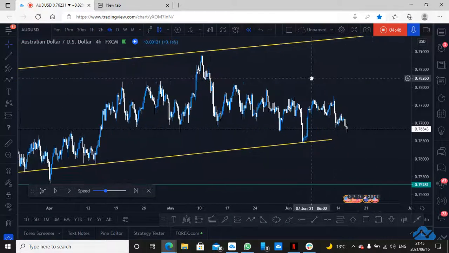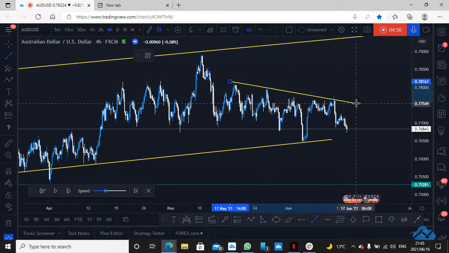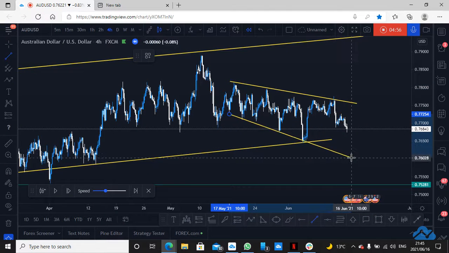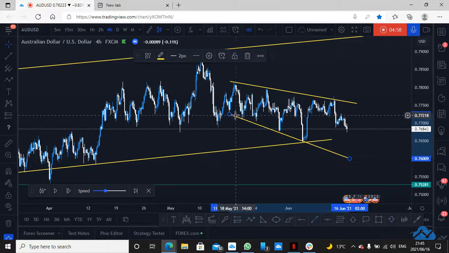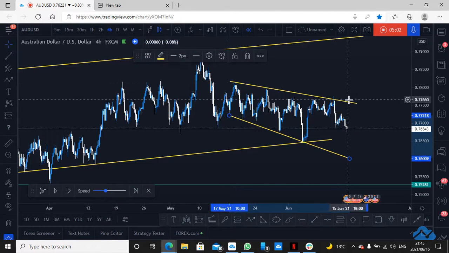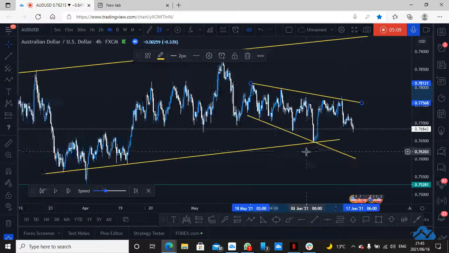Honestly speaking, this is the structure I had here, an expanding descending channel, a little bit expanding.